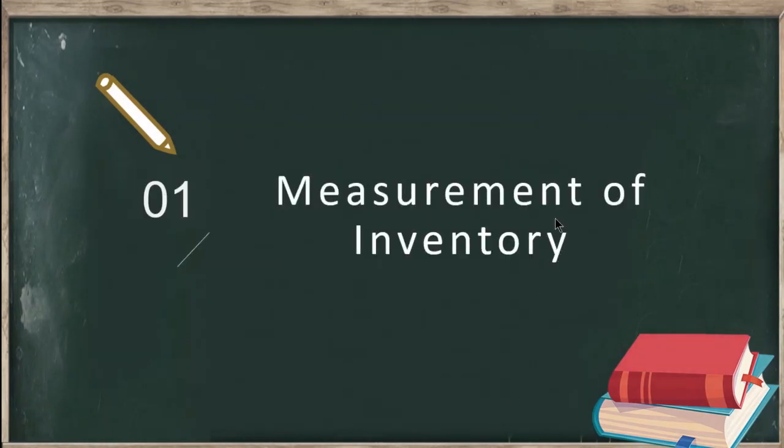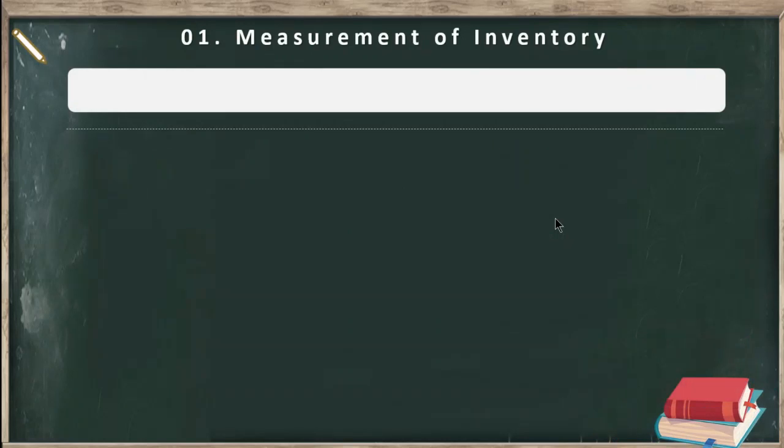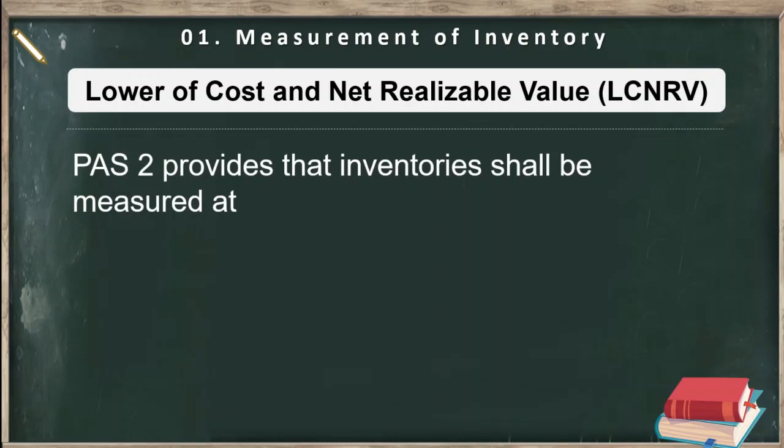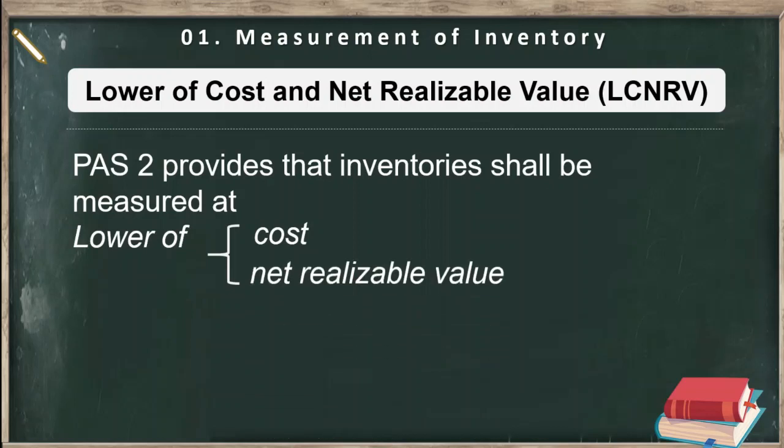So how do we measure the inventory? Accordingly, the measurement of the inventory should be the lower of the cost and the net realizable value. This is according to PAS 2 Inventories, wherein we shall measure our inventories, whatever type of inventories, at LCNRV.